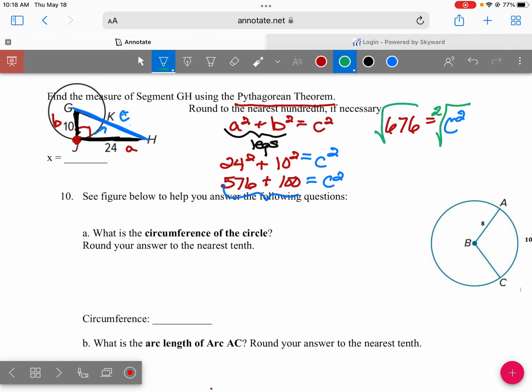If you take the square root of something squared, you get C. The square root of 676 equals 26. And if I had to label it, would it be units? Units squared or units cubed? No. Units. We're not finding the area of the triangle. We're just finding that individual length. Okay? All right.